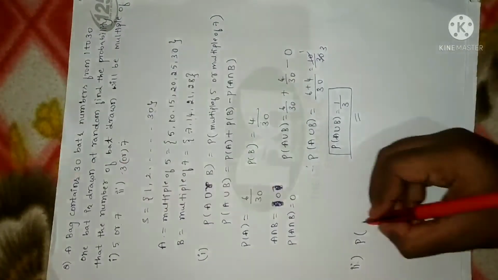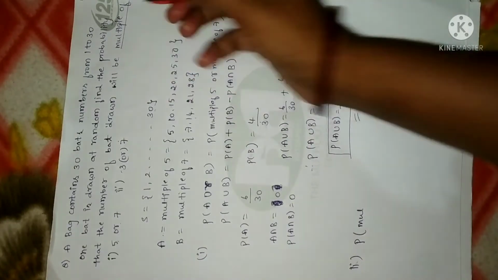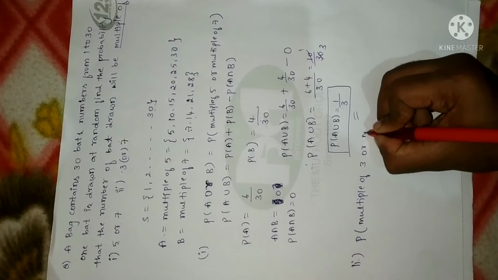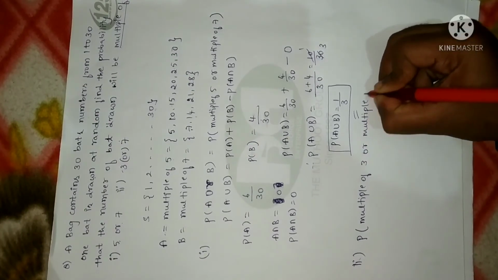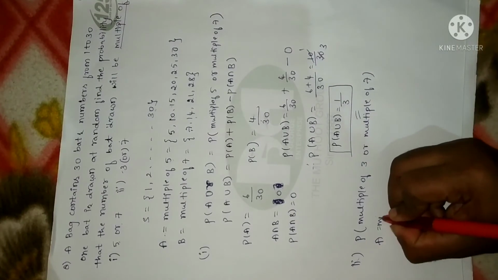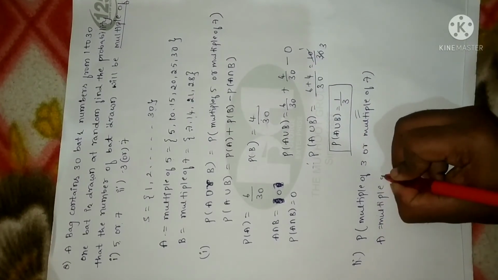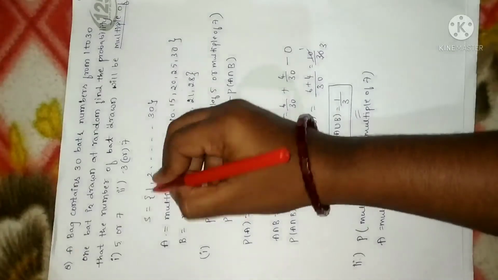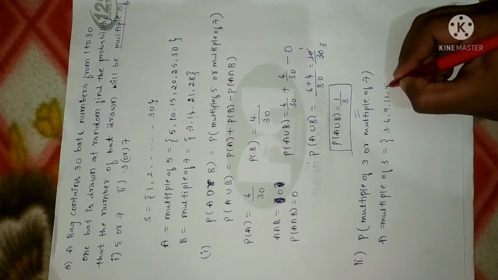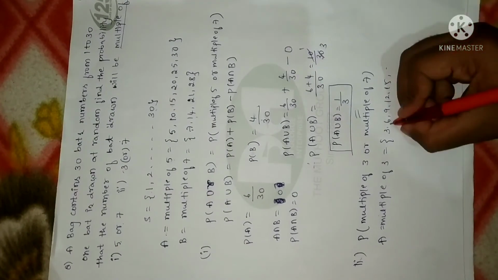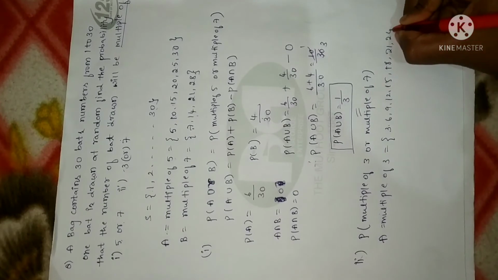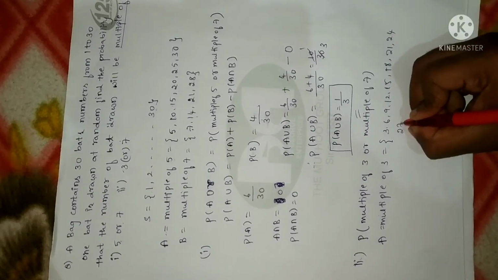Probability of a multiple of 3, here clearly given, a multiple of 3 or a multiple of 7. We have to find that. Let me take A as multiples of 3 from 1 to 30: 3 ones are 3, 3 twos are 6, 9, 12, 15, 18, 21, 24, and so on.